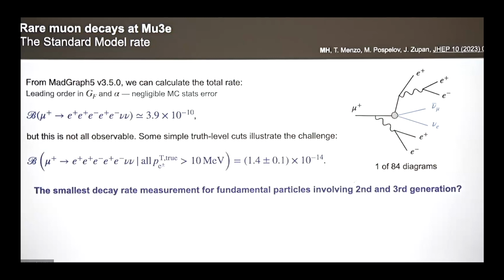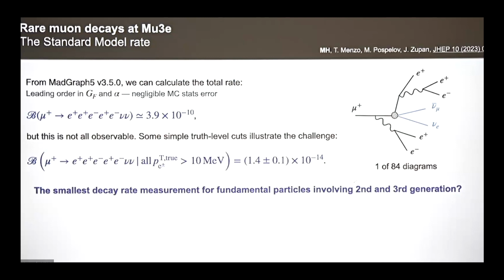However, if I place at the truth level, just as a very broad brush overview of what you would expect the efficiency to be, a PT cut of 10 MeV, I see that this rate goes down to 10 to the minus 14. That's a huge penalty in order to have an actual large PT electron or positron.